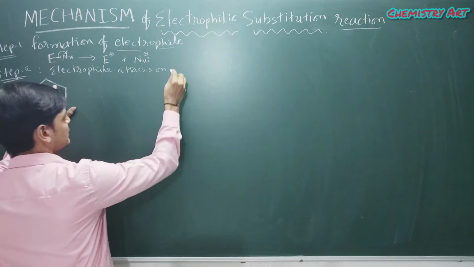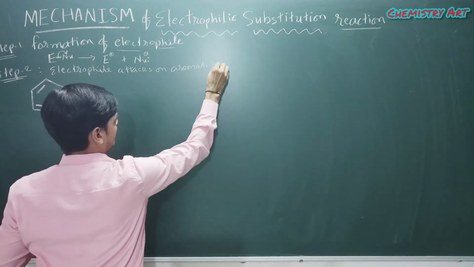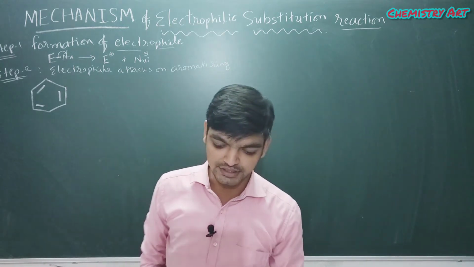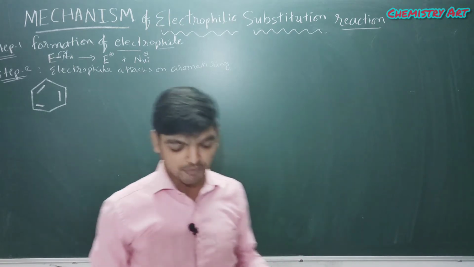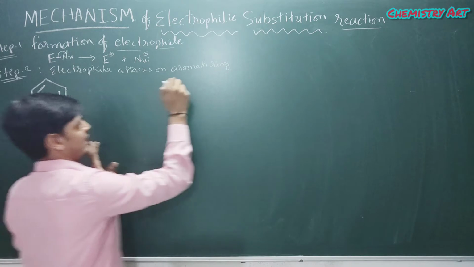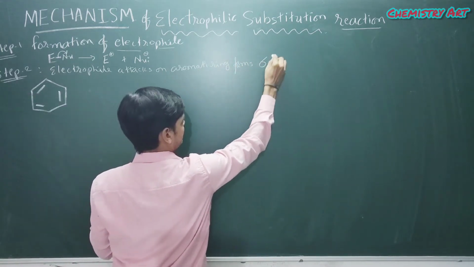Here we have the benzene ring, an aromatic ring. Why aromatic? Because it has pi electrons. On the aromatic ring the electrophile will attack and form a sigma bond.